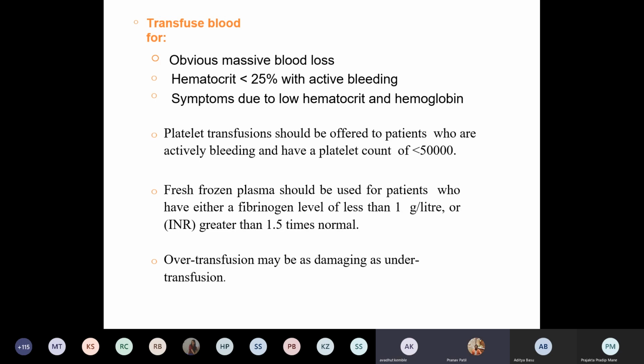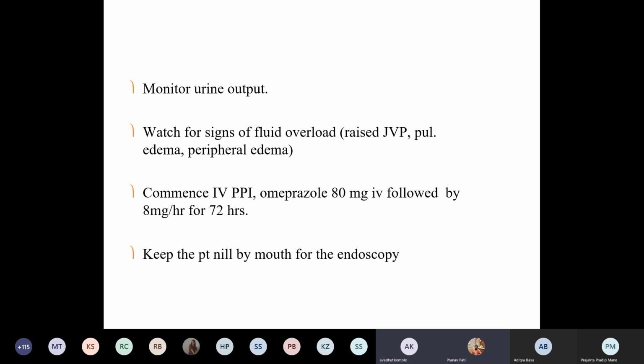Apart from this, once you stabilize the patient, you have to monitor urine output and watch for signs of fluid overload. You should not have a total fluid overload, otherwise the patient will end up with pulmonary edema and peripheral edema. So the JVP, the jugular venous pressure, has to be monitored so that you know you are giving the fluids properly.